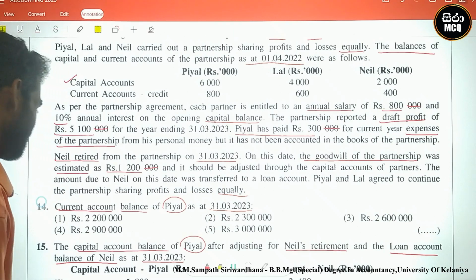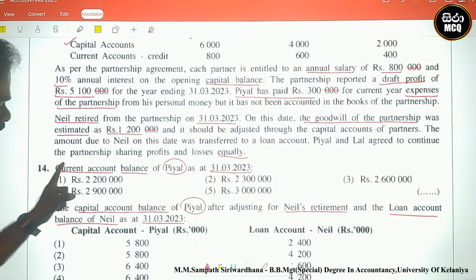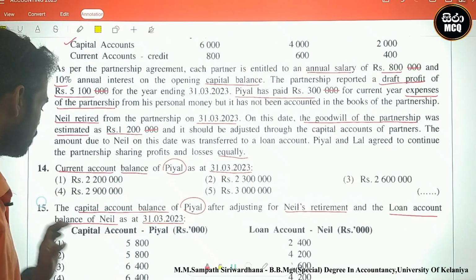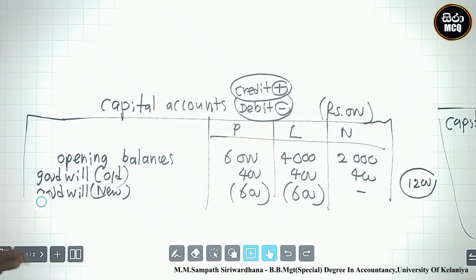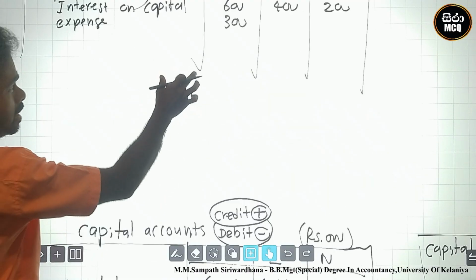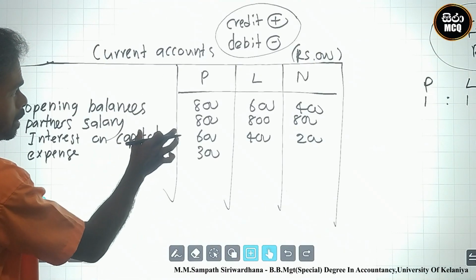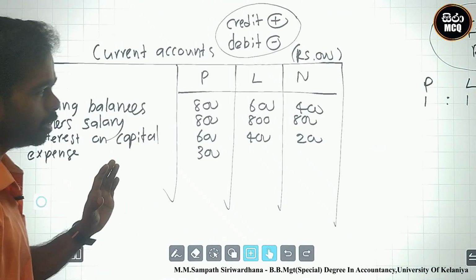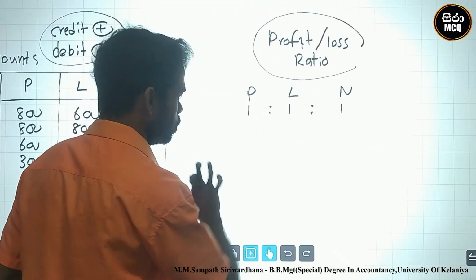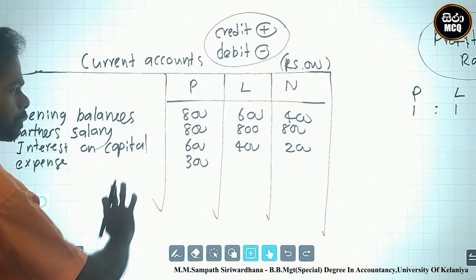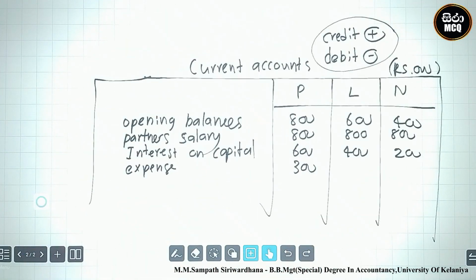Okay, let's see. First requirement, current account balance of PL. At that time, current account balance of PL, we already calculated some adjustments, but we did not enter the profit shares. Look here, profit shares are on this page.